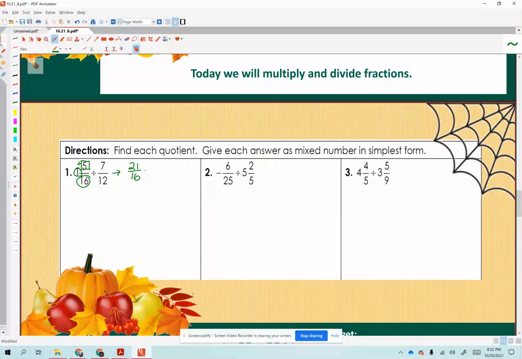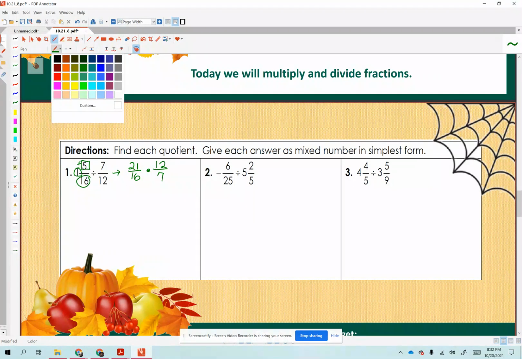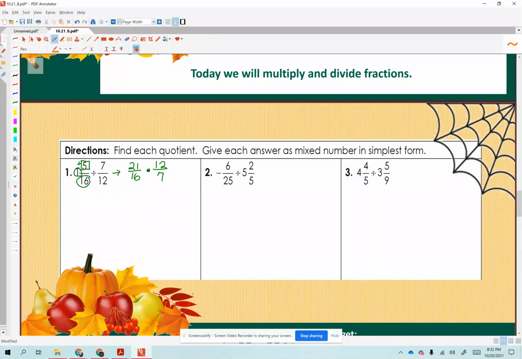And we change the division to multiplication, and we invert 7/12 to 12 over 7. We look for any opportunity to make these numbers smaller. And I know that 16 and 12 both have 4 as a factor. So 12 divided by 4 is 3. 16 divided by 4 is 4. I know that 7 and 21 both have 7 as a factor.